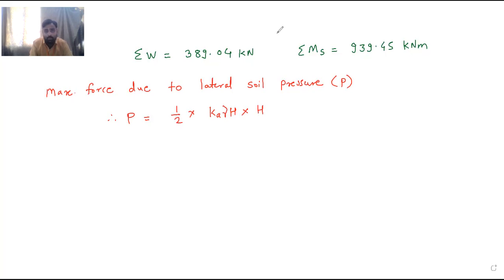If I show you the diagram, the maximum soil pressure will be in this way.